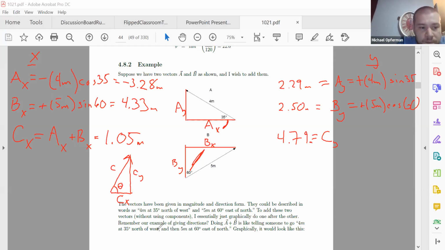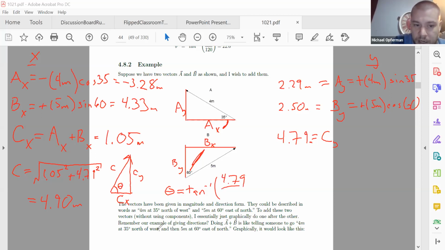So I'm going to have magnitude of C equals square root of 1.05 squared plus 4.79 squared, which is 4.90. And that angle theta, let's do it as inverse tangent of, it's going to be y over x, opposite over adjacent.